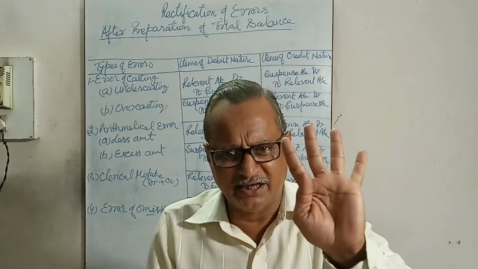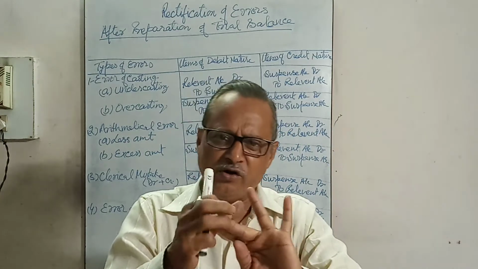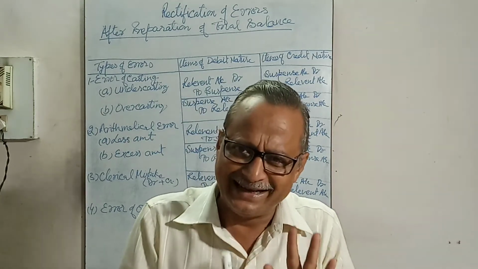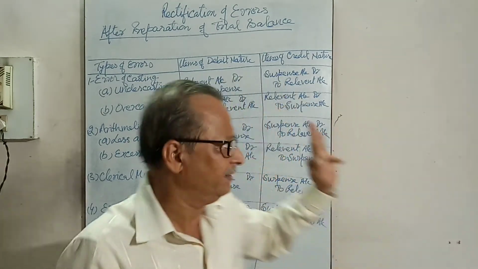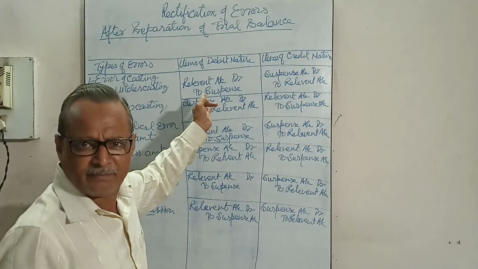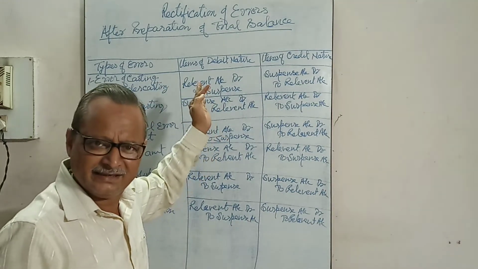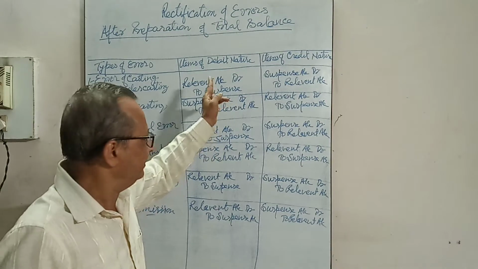as you know, there are three accounts: personal account, real account, nominal account. If the error is in a personal account, we will write the name of the personal account in place of relevant account. If it is a real account, we will write the name of the real account.